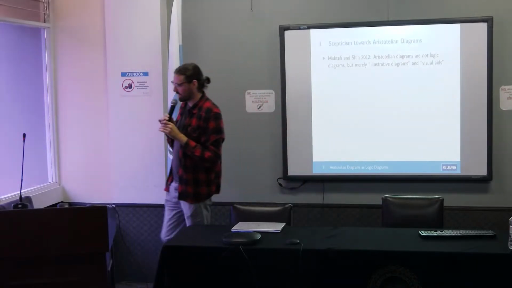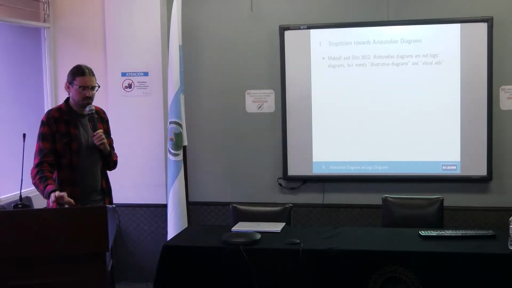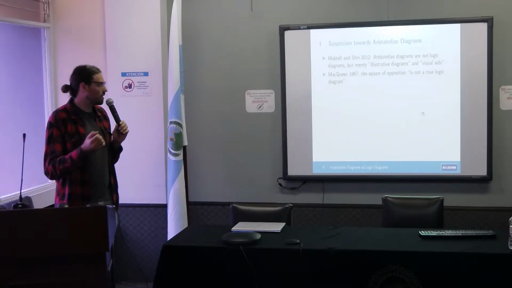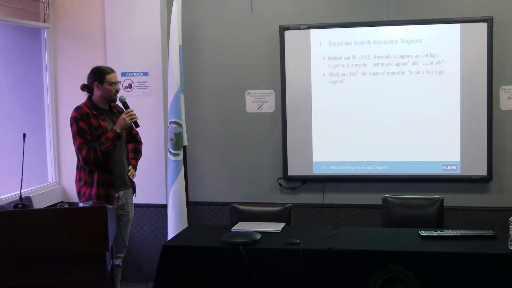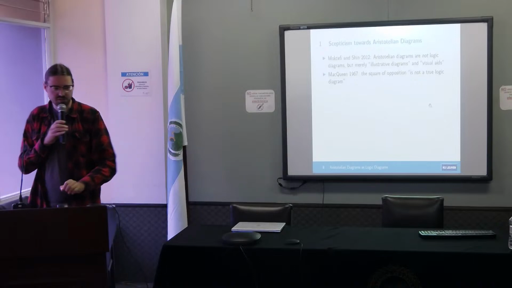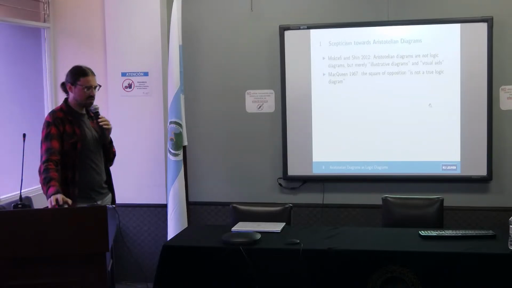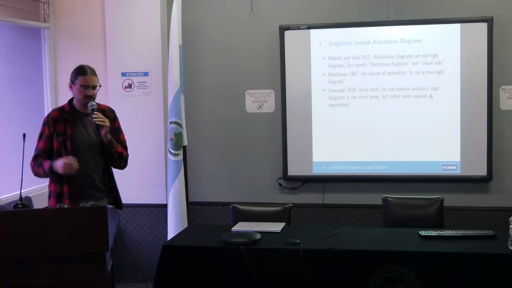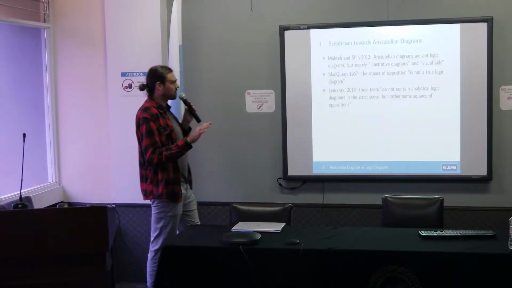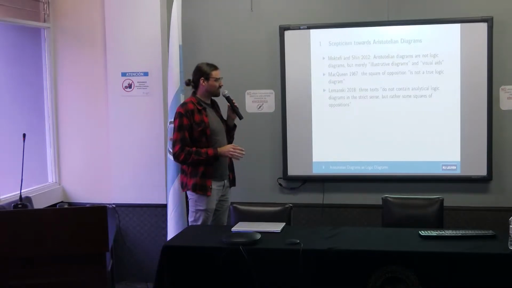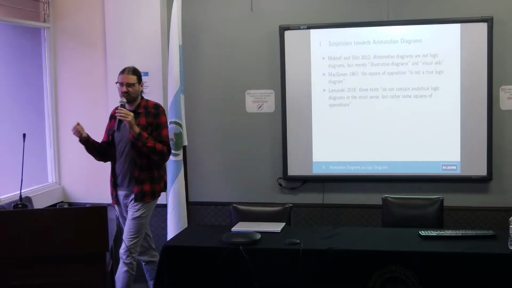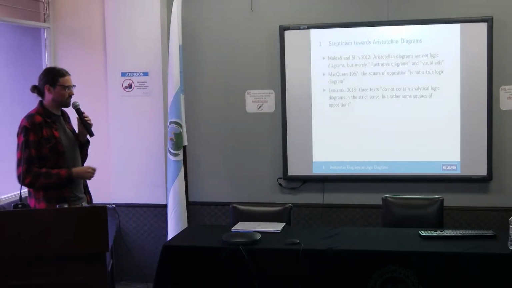But this tradition goes back much further: even in 1967, Quine says explicitly that the square of opposition is not a true logic diagram. And also more recently, for example, Jens Lemanski, in 2018, discusses three texts and then mentions in passing that these three texts do not contain analytical logic diagrams in the strict sense, but rather some squares of opposition. So again, these squares of opposition are not considered logic diagrams in this tradition.